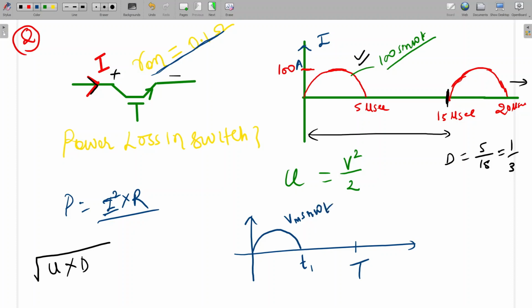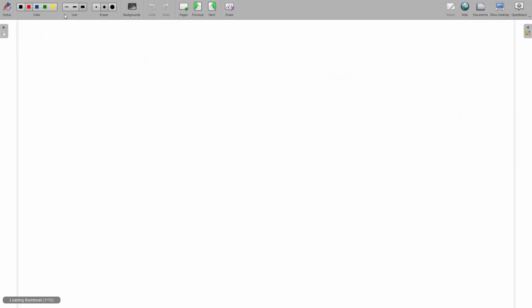So what will be the RMS value for this? This is conducting for t1, and the total time period is T. So I'm going to calculate the RMS value. RMS is 1 upon T integral from 0 to t1 of Vm square sine square omega t d omega t. Finally we can simplify this.